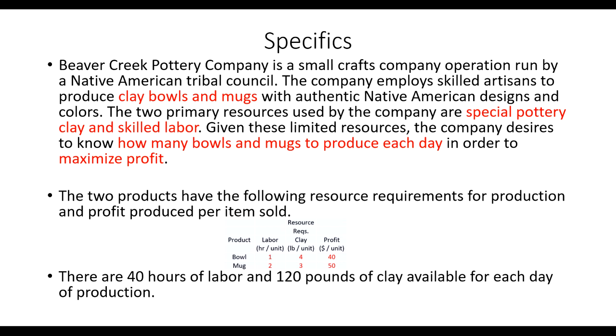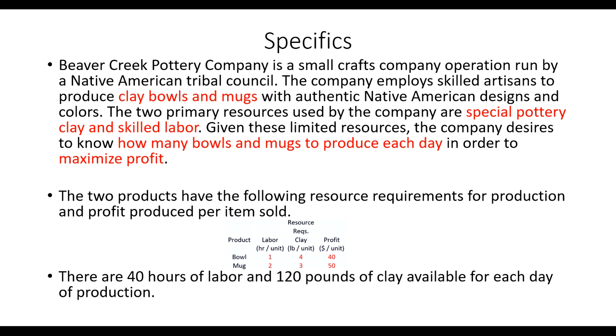So for example, let's go in and have a look, work together, and discuss as we go what we are doing. So the first thing we need to do is decide, what are our decision variables? What are we trying to decide? So the company employs skilled artisans to produce clay bowls and mugs.